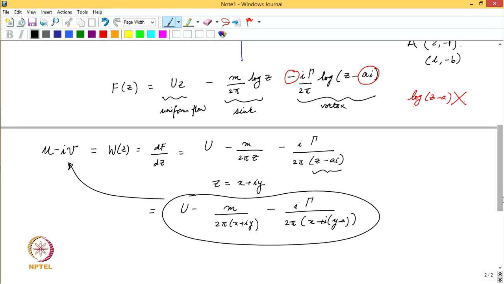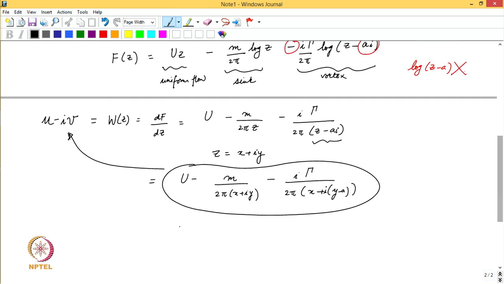I cannot do it in this form as of now, just because iota appears in the denominator. I need to bring the imaginary iota into the numerator to be able to write it as u minus i v. The simplest way to do this is to multiply the numerator and denominator by the complex conjugate of the complex number that appears in the denominator.